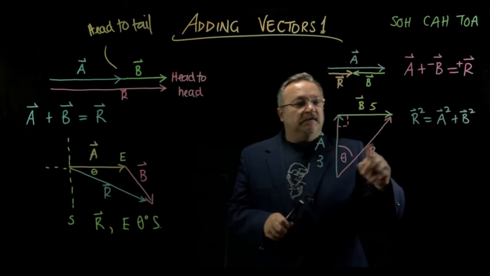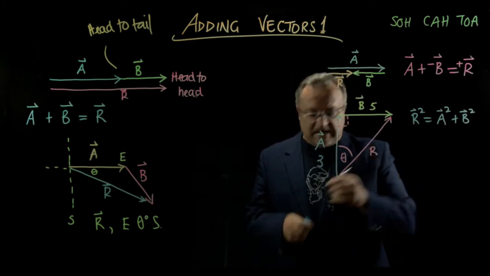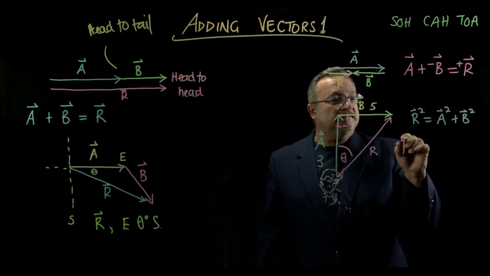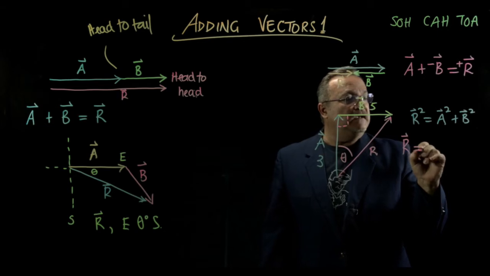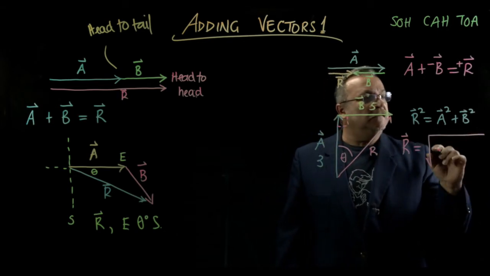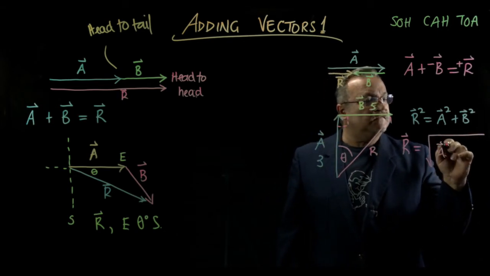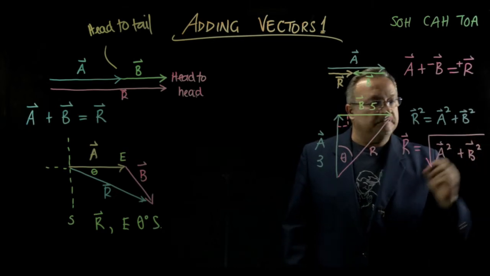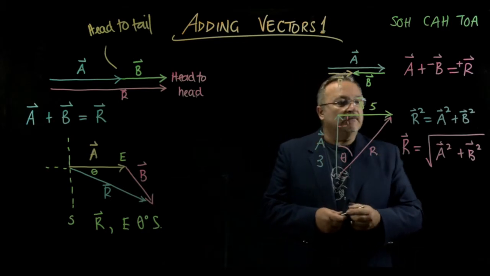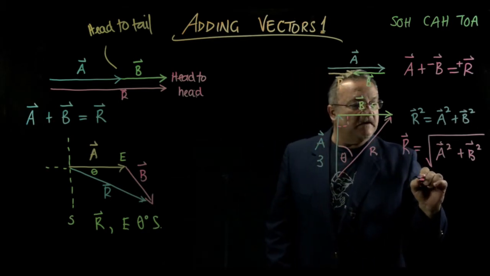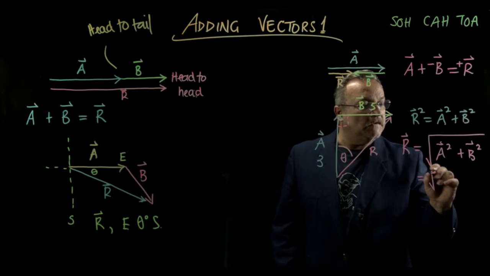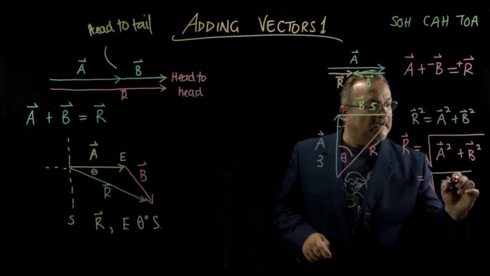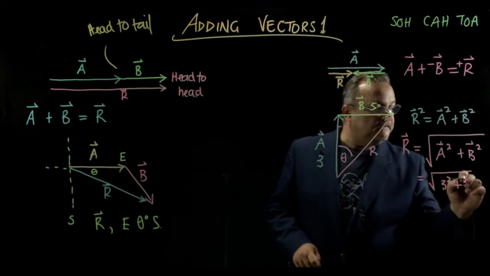So let's resolve R. Let's find an answer for R. So doing some algebra, we can say R equals the square root of A squared plus B squared. Now we can put the values in. So R equals square root of, well, A is 3 squared and B is 5 squared.